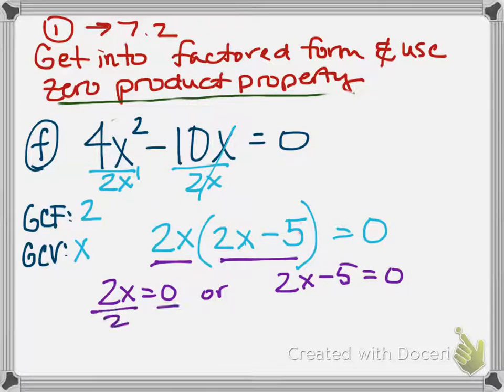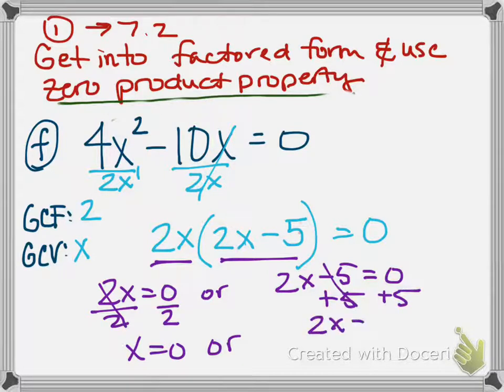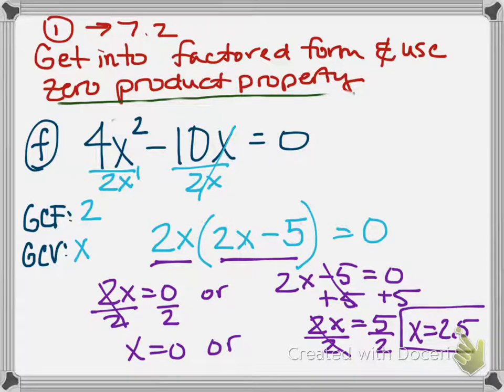I still divide this by 2, so x equals 0, or here I add 5 to both sides, but I'm not done because I have 2x equals 5 now. So in order to solve for x, I have to divide both sides by 2, and I see that x equals 2.5. So my two solutions: 0 or 2.5.